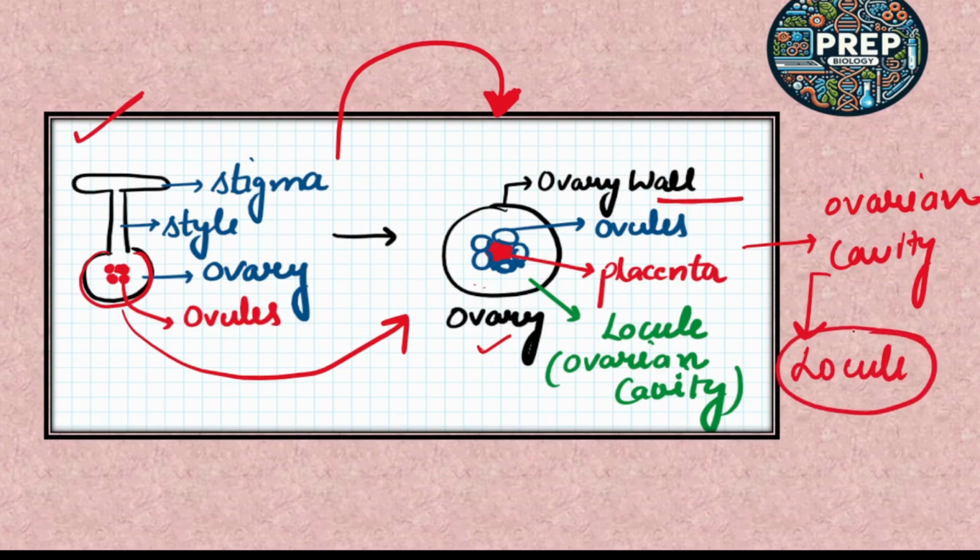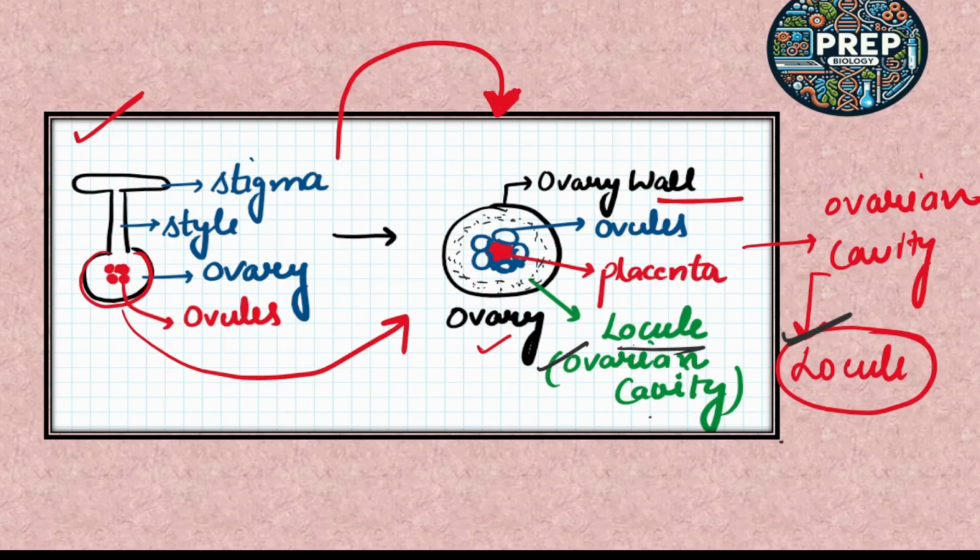This term is very important: the ovarian cavity is called the locule, the chamber where ovules are present. This is the locule part. Locule is also called the ovarian cavity, a chamber-like structure in which the ovules are present. Is it clear?